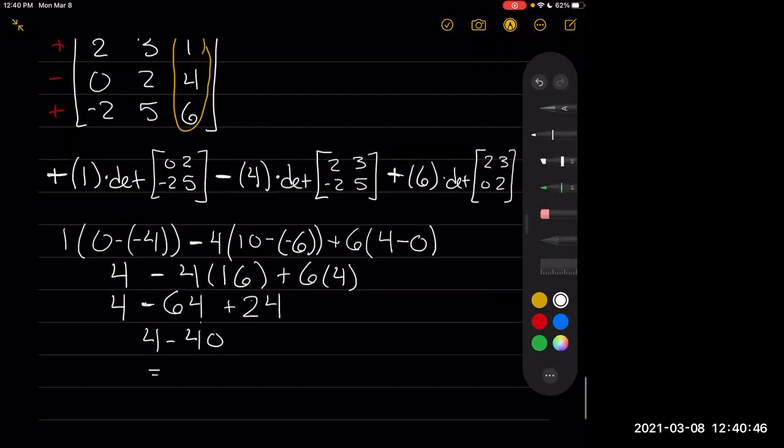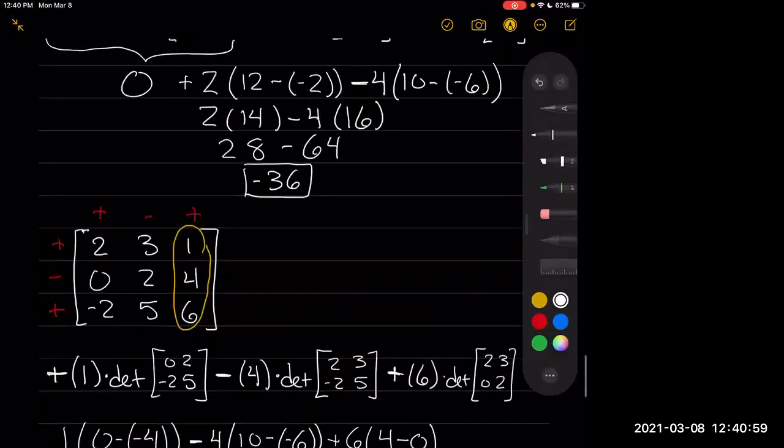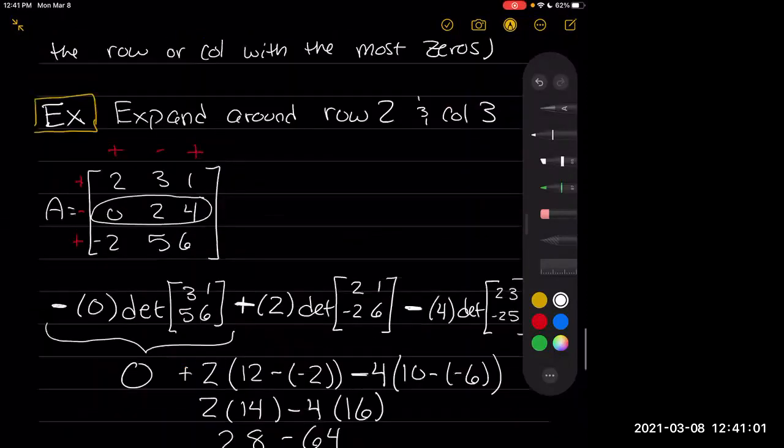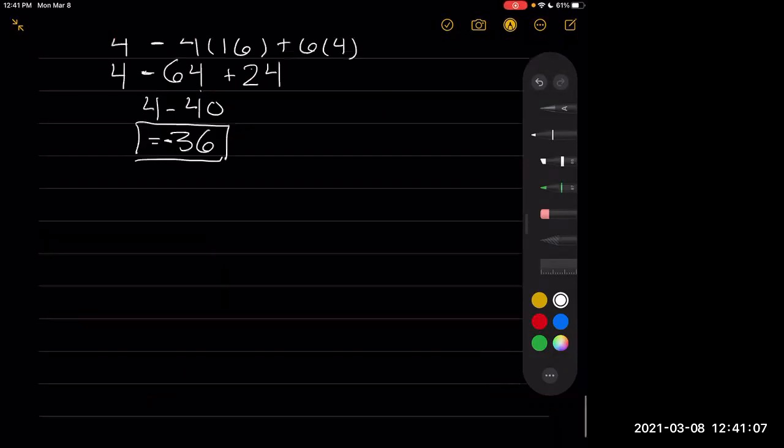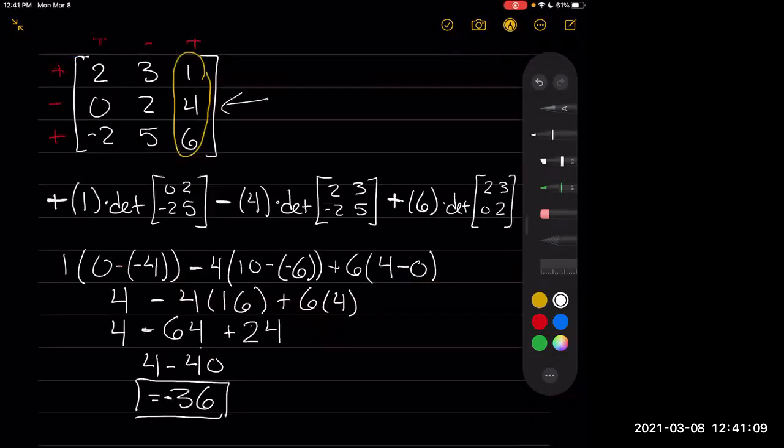There we go, which equals negative 36. The math in my head, I was getting a 34, and I was not happy about that, but negative 36 is what we wanted. So we have negative 36, negative 36, and negative 36. So we've now checked 3 times, and we are very certain that the determinant of this matrix up here is negative 36.